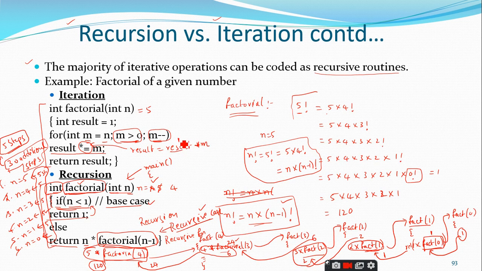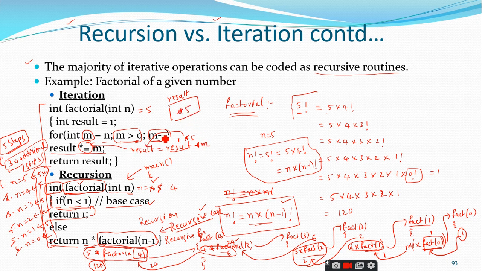Initially my result is stored as 1, and initially m is equal to n, therefore 1 star 5. The result is stored here. So initially I have 1, then I have 5.